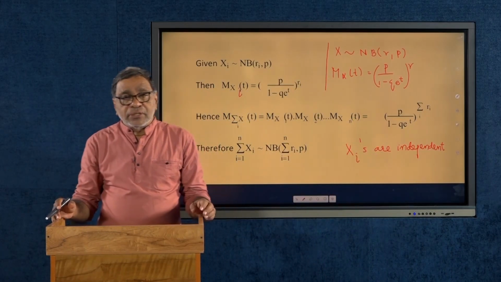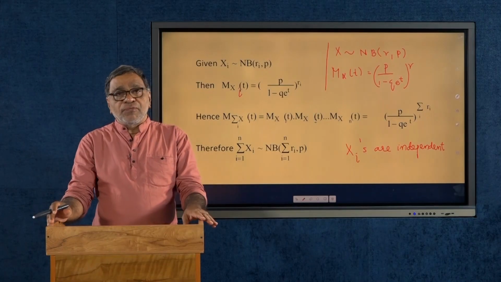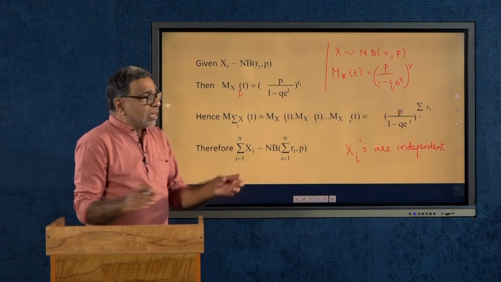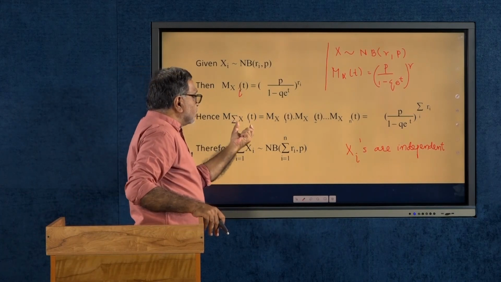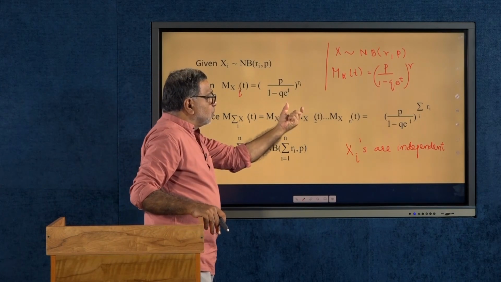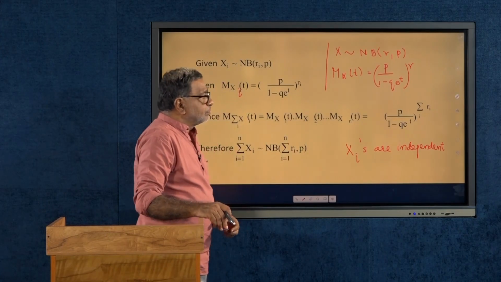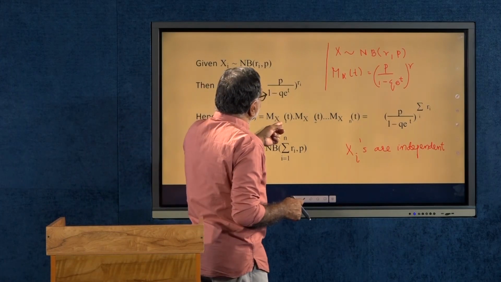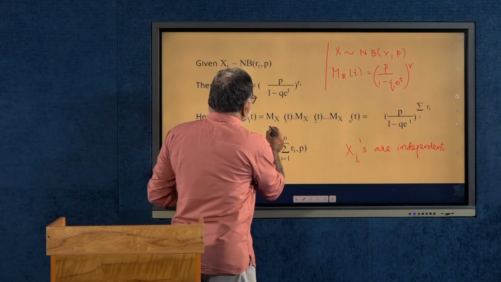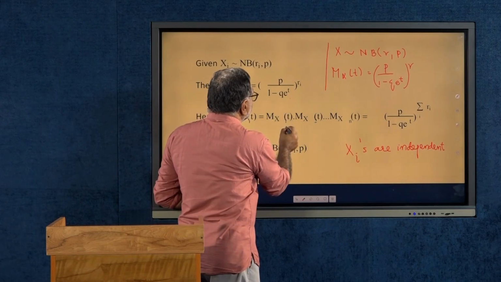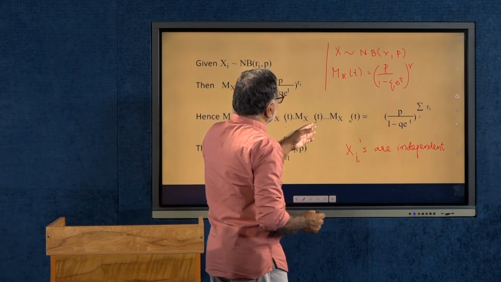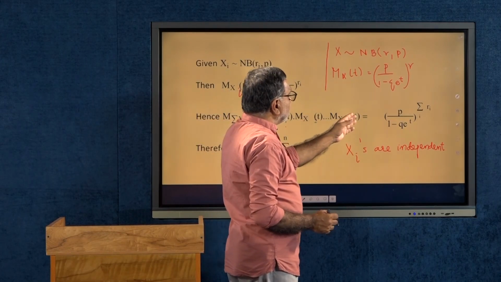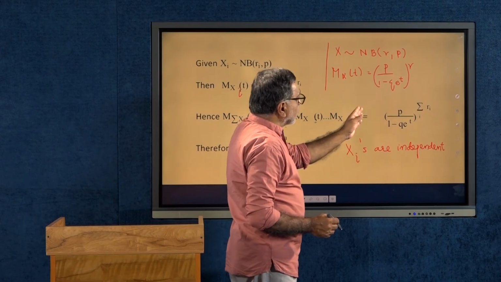That is, M of sum of xi's is equal to M x1 of t into M x2 of t etc. up to M xn of t. You substitute M x1 of t, that is p divided by 1 minus q e power t all power r1, and p divided by 1 minus q e power t all power r2, etc. up to p divided by 1 minus q e power t all power rn.